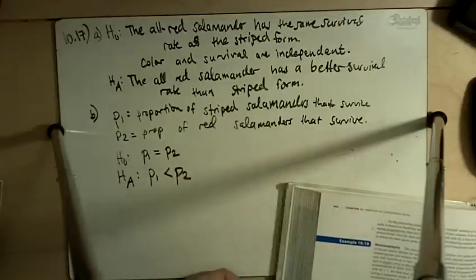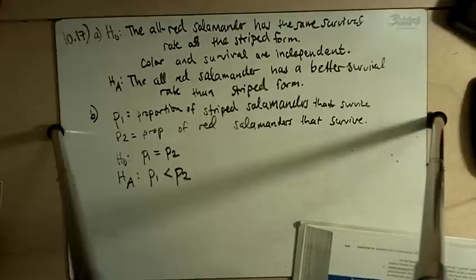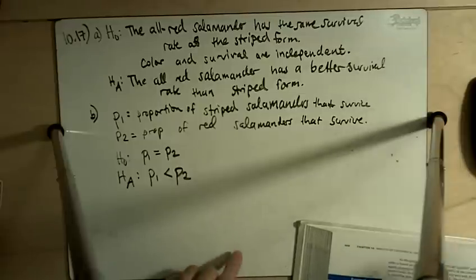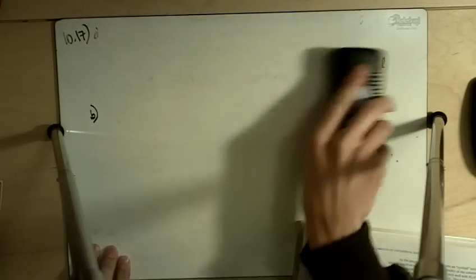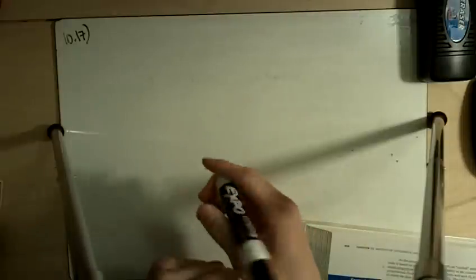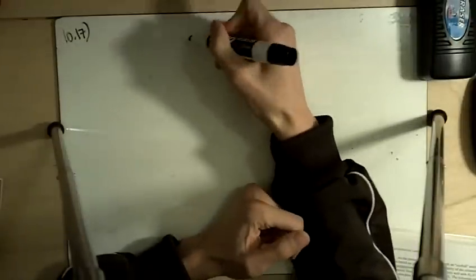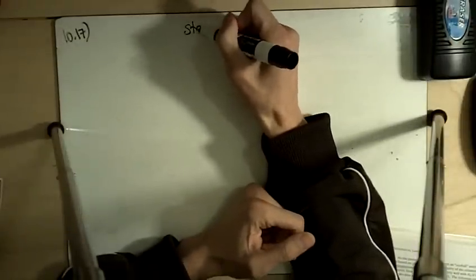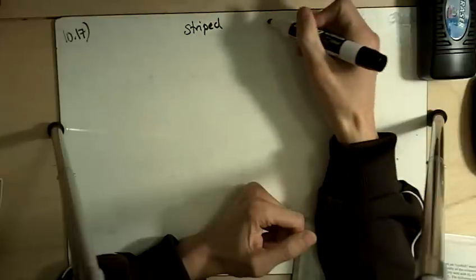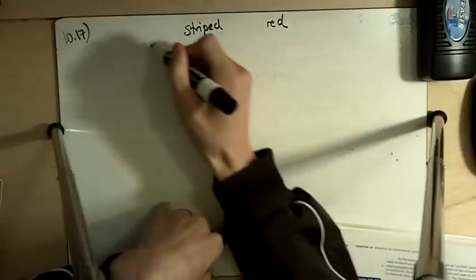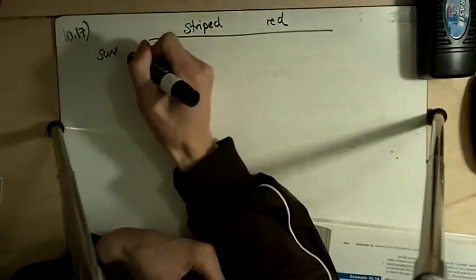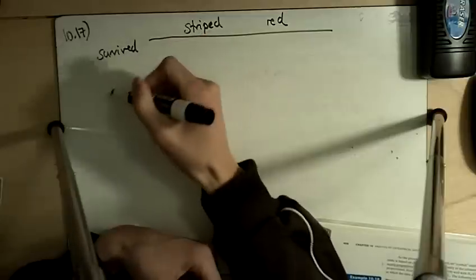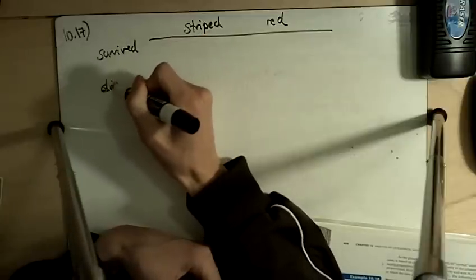Part C says find the value of the test statistic and the p-value. So in this case I'm going to clear out this board, and we will have to make our 2x2 contingency table. So we have two populations: the striped form and the red form. Then we have those that survived, and if they didn't survive, they died.